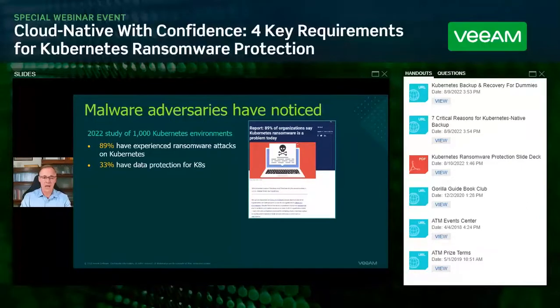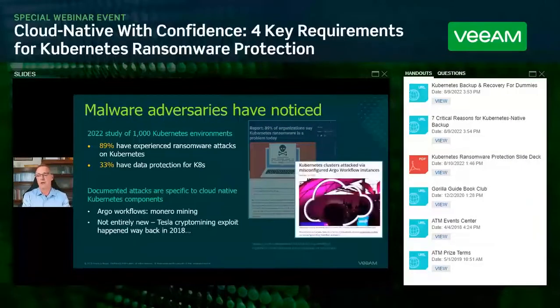I'll just add a couple more news points from this year. There are in the news already, and in fact there have been for years, documented malware attacks specific to cloud-native Kubernetes components. This is a news article from last summer.